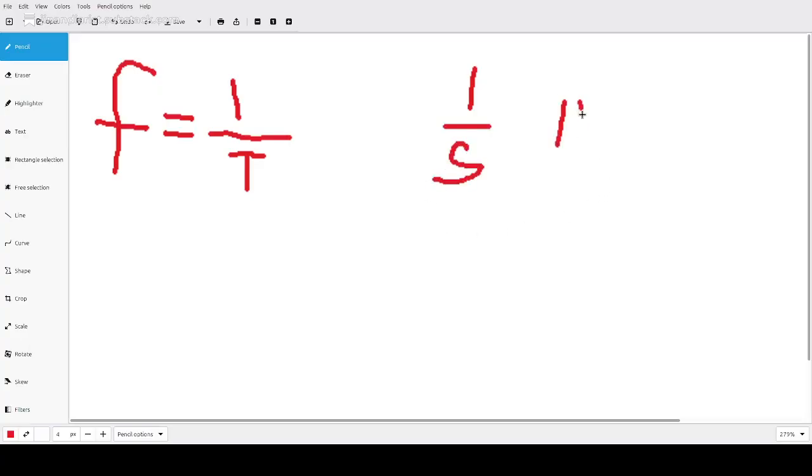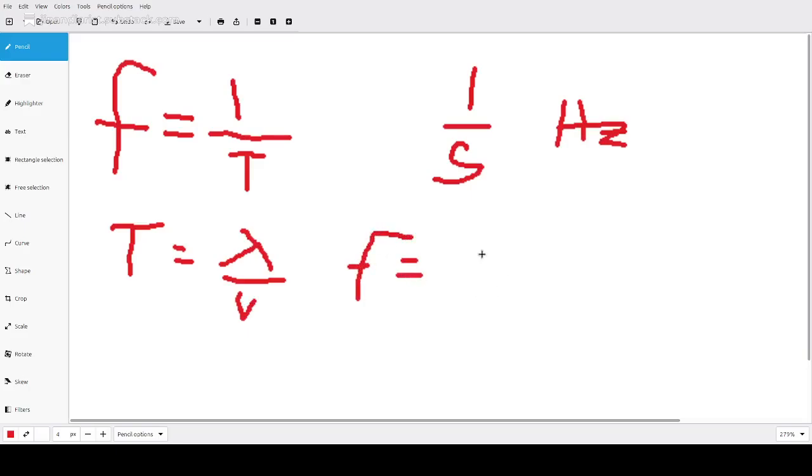We call these units hertz. Since the period is wavelength over velocity, the frequency is velocity over wavelength.